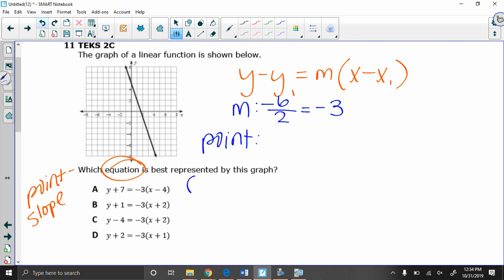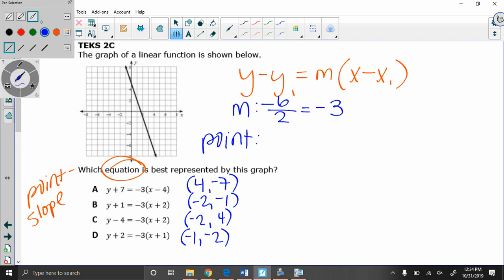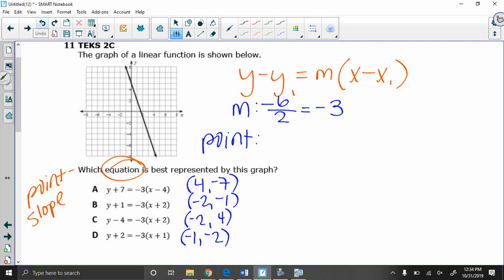So this first one is 4, -7. B is -2, -1. C is -2, 4. And the last one is -1, -2. We're going to look and see which of these points is on the line.